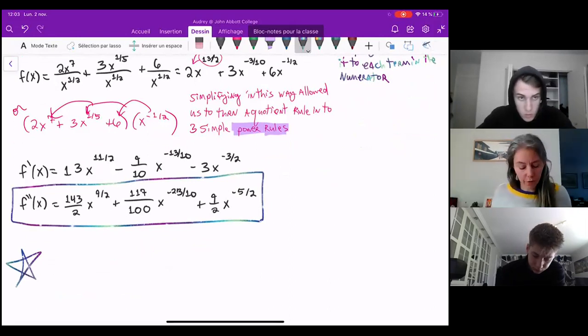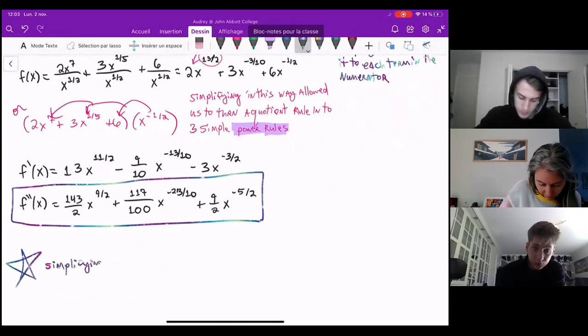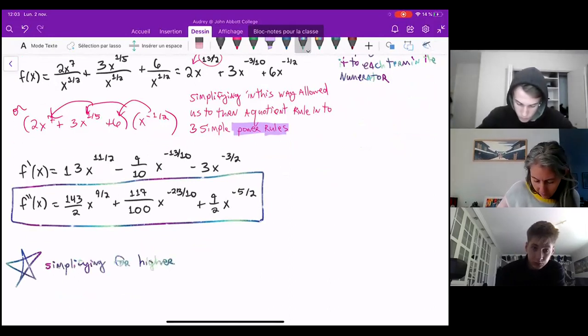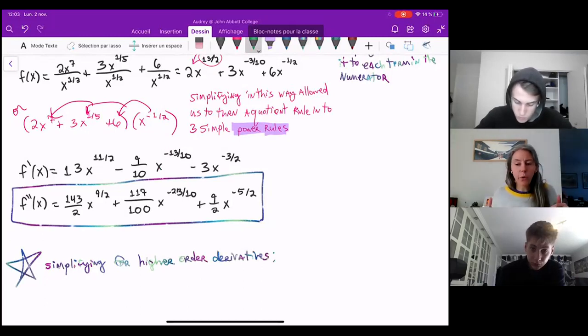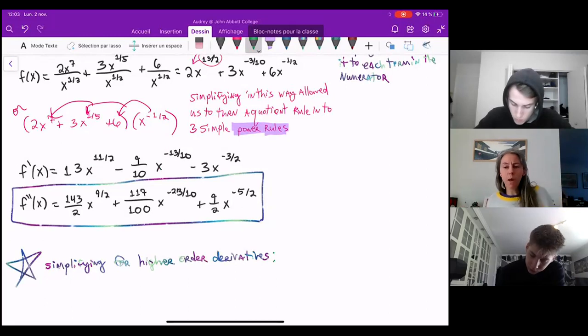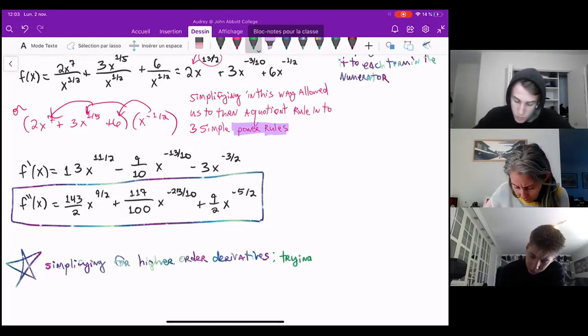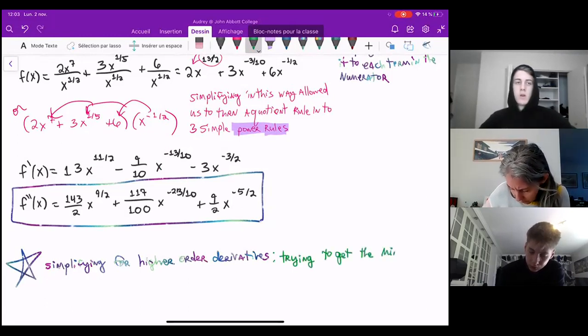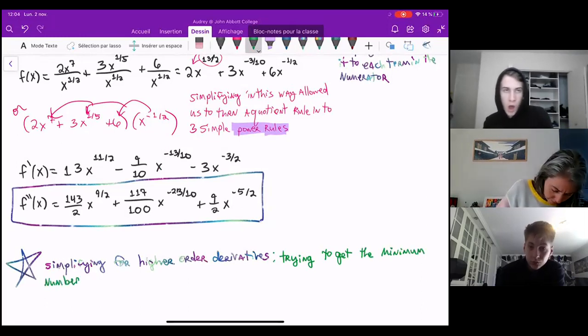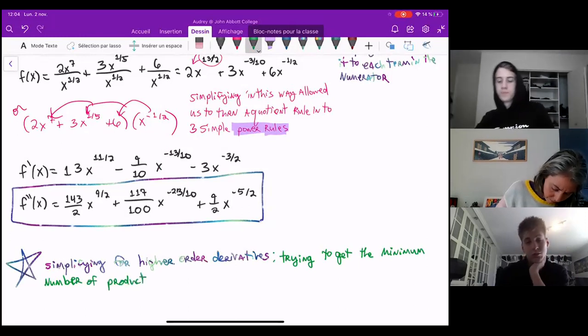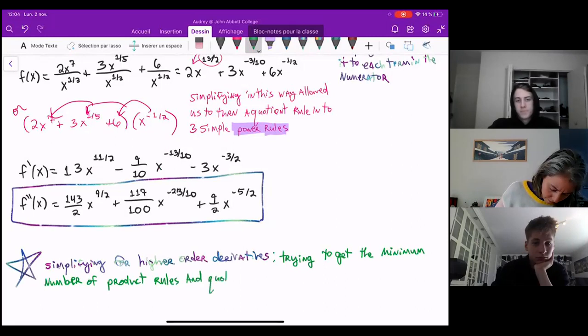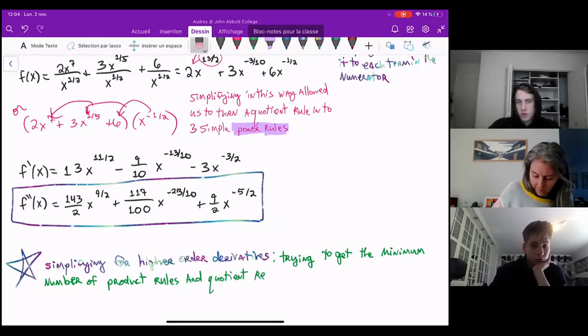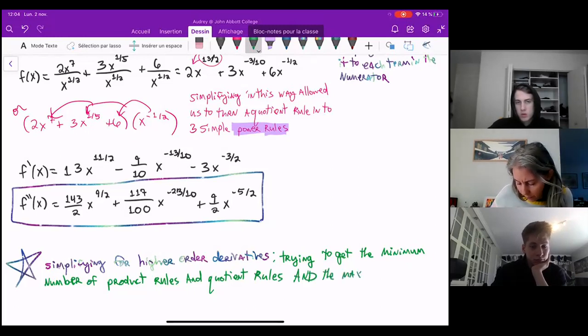So simplifying for higher order derivatives, we're trying to factor, expand, combine like terms, do what we have to do to get the minimum number of product rules and quotient rules, and the maximum number of power rules.